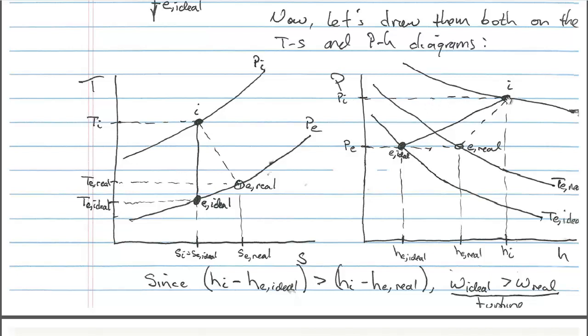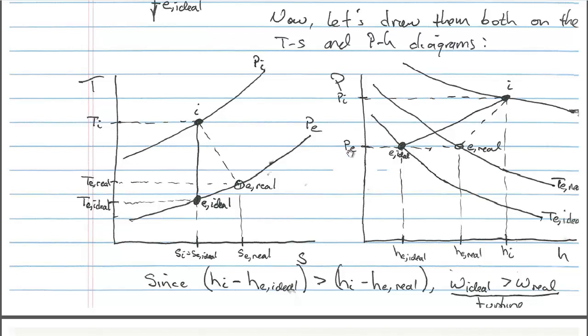So this is our inlet state I. And then as before, we have our line of constant temperature corresponding to the real exit state. And based on our analysis of the TS diagram, we know that the ideal exit temperature is less than the real exit temperature. So this is our line of constant temperature corresponding to the ideal exit state.